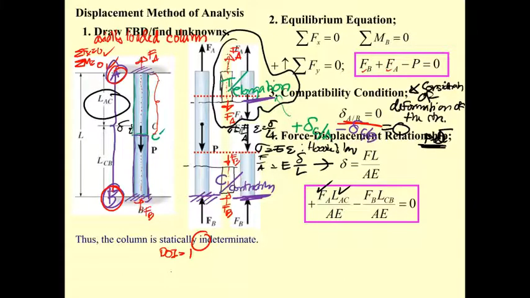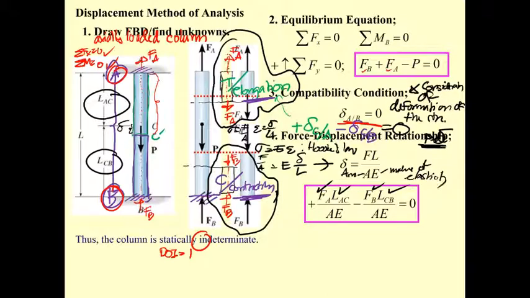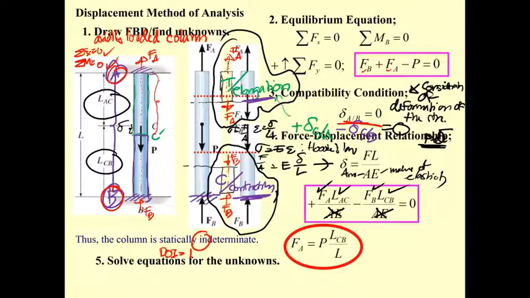And another portion is this one: the F is going to be F sub B, the L is going to be L sub CB. Since the column has the same area A and the same modulus of elasticity, this one is going to cancel, and then you arrange this equation, you get the solution for F sub A.